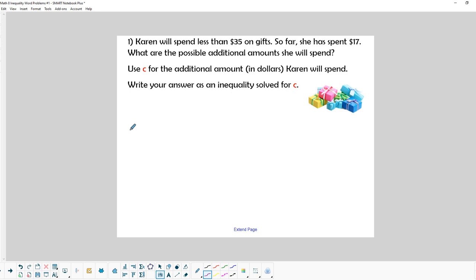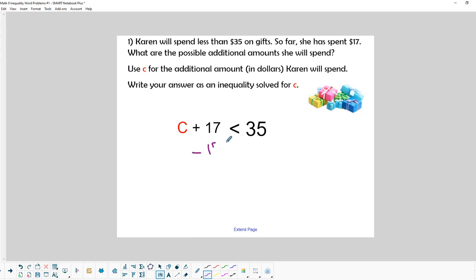Our first problem: Karen will spend less than $35 on gifts. So far she has spent $17, and we let C represent the additional amount that she could spend. She's already spent $17. How much more could she spend? There's our inequality.